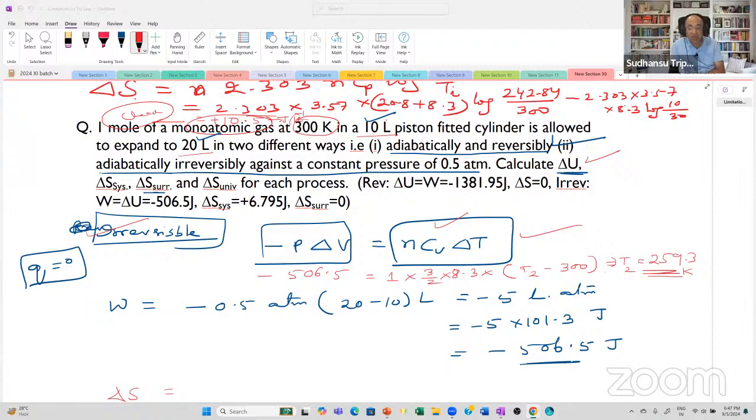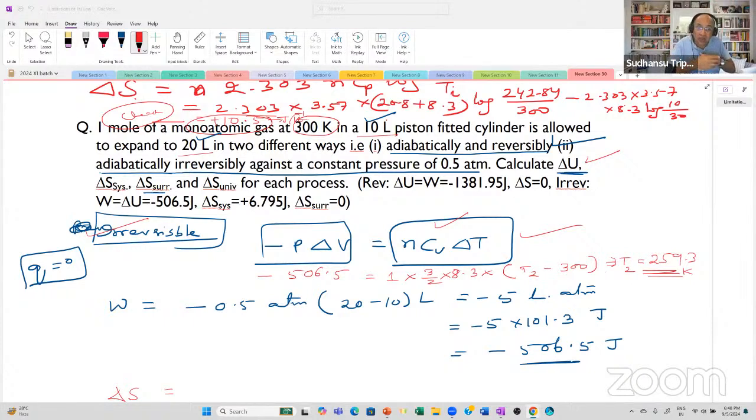Because the work done during expansion is more in reversible, which is a curve, maybe lying lower than the isothermal curve, but it is a curve. The area is more, but in the irreversible expansion, the external pressure is the final pressure, which is much lower. So the small rectangle, that area is much smaller than this area.